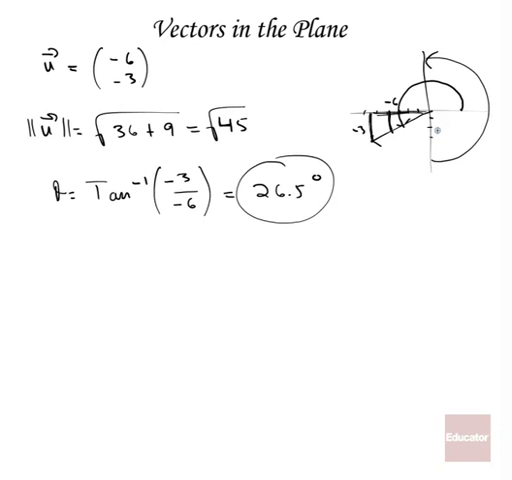That's why it's important to know where you are in the third quadrant. When we formally measure this angle, we take 180 plus the 26.5. So our actual theta is not 26.5. Based on our standard of this being our reference line, this is 26.5. From here, the formal theta is 180 plus 26.5, which is 206.5.